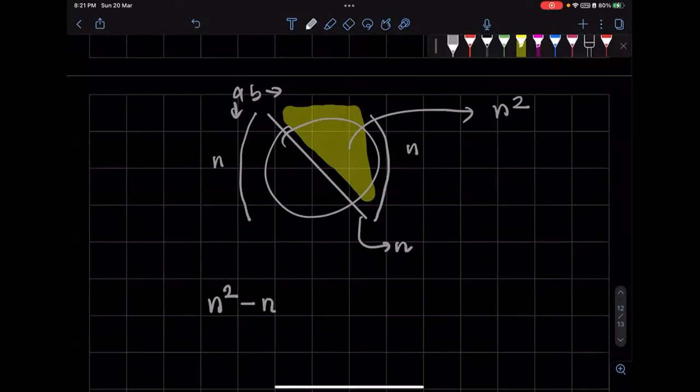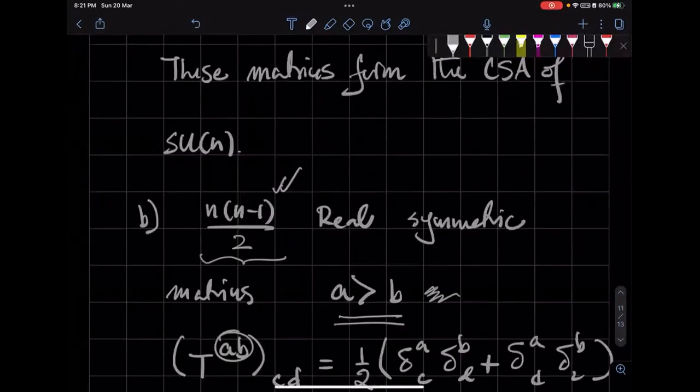And then we just divide it by 2. And if I simplify it, it's n(n minus 1)/2. And this is the number of real symmetric matrices we have. Okay, so that is how this condition leads to this number of matrices.